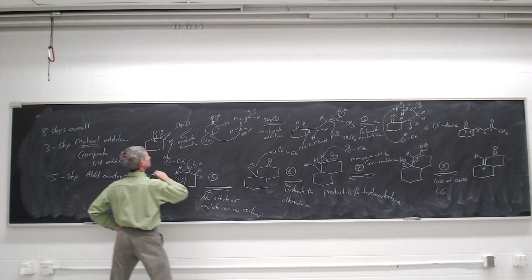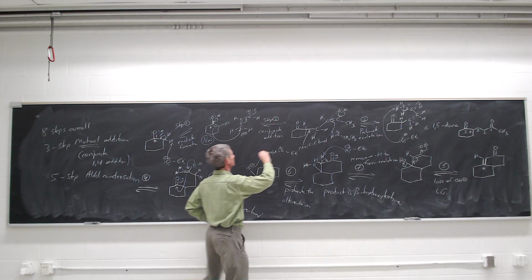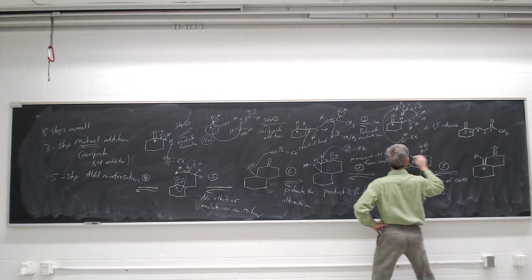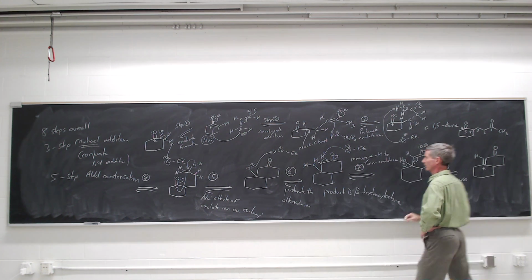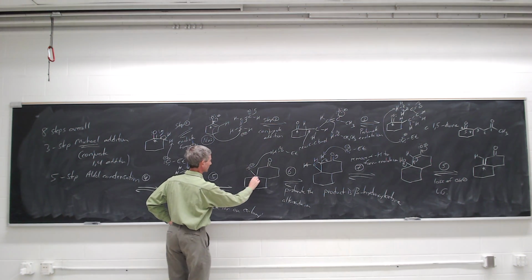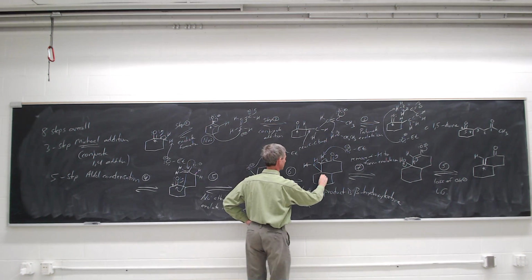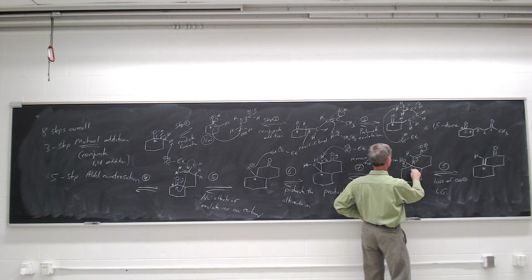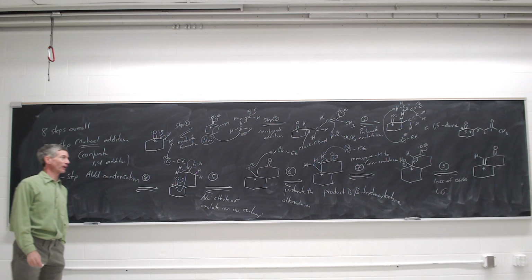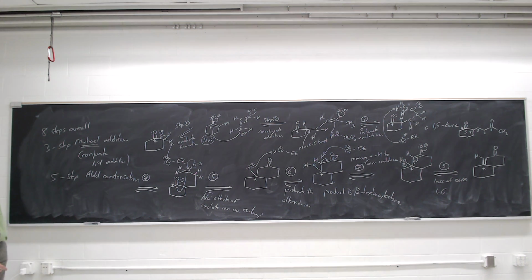Right over here. And then follow the reaction, becoming alcohol after step 6, and the beta position of the product alpha beta unsaturated carbonyl.